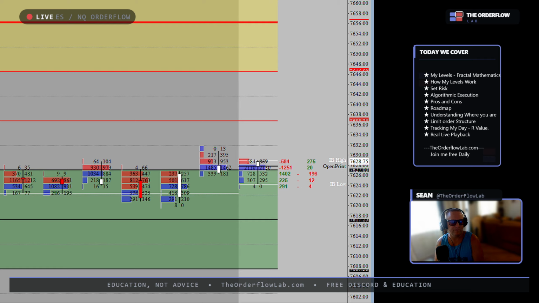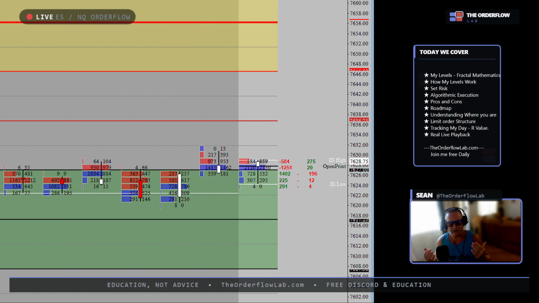That's where I do my best work, basically nailing the top and bottom of an auction at any given time, because I let it trade into the areas. And then I always know that if this level holds, I look for price to reverse. So that goes in part with the roadmap, which is understanding where we are.